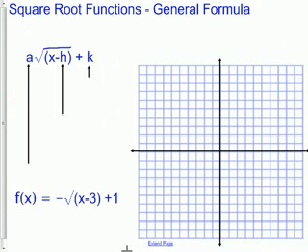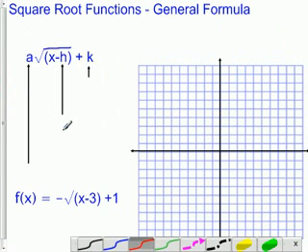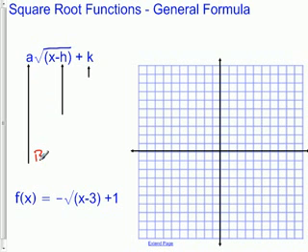All right. So this means that we can conclude some things. First, a, the number that comes before the square root, is going to blow it up, and by blow up, I mean we're just going to stretch up and down away from the x-axis. H, I want you to look at this. It's close to x. You may remember from vertex form, this h deals with left and right. Guess what? It does that here. So this is negative, so any positive h is going to move to the right.